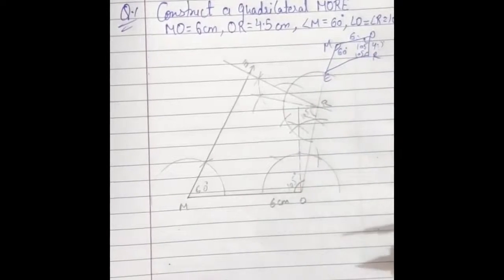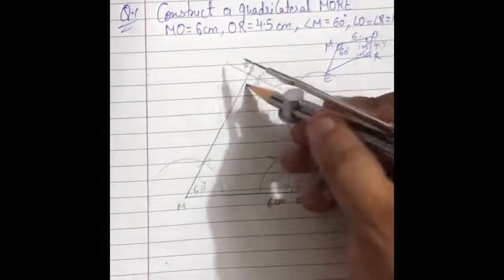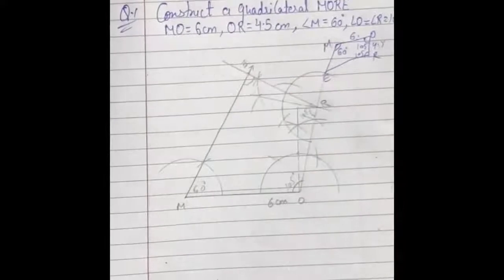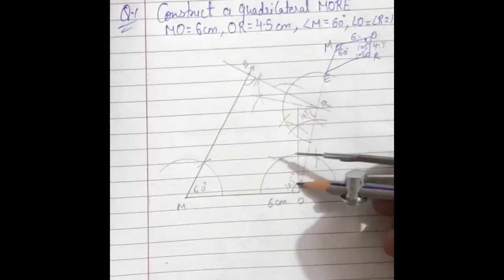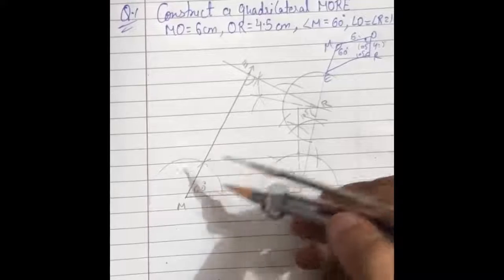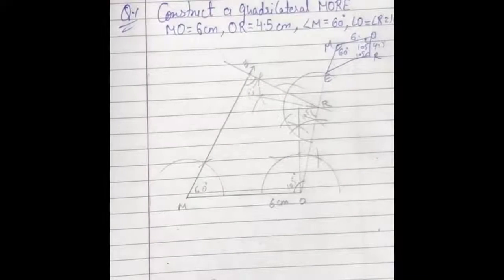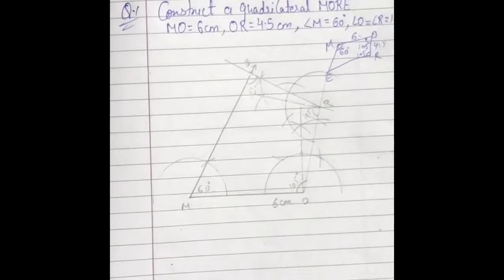Okay, and if you want to check that it is a correct diagram or not, you can find the value of the fourth angle. Now 105 plus 105, it is 210 plus 60, 270. So now this angle must be of 90 degree. Okay, the sum of all angles of a quadrilateral is 360. So angle E must be 90 degree.